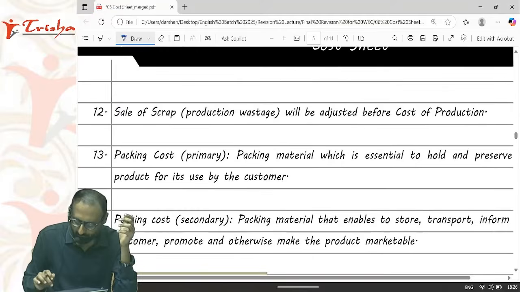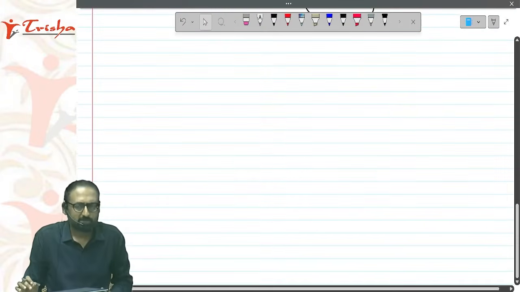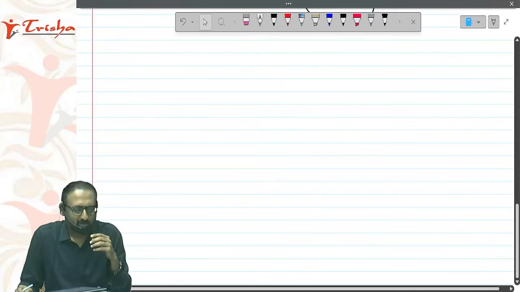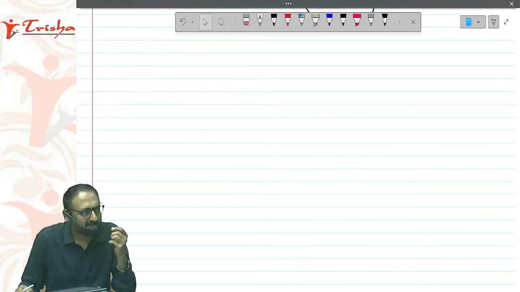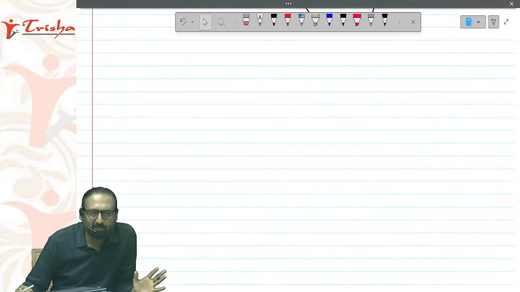Next one. Full concentration here. Some students will get confused in the examination, and if you get confused, either you will get full marks or directly 0 marks.